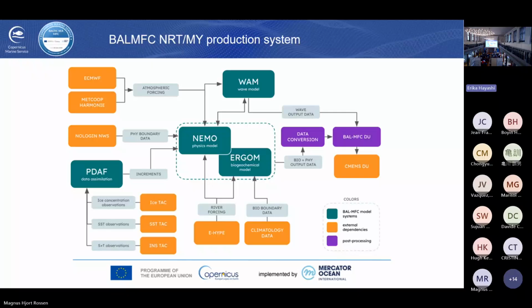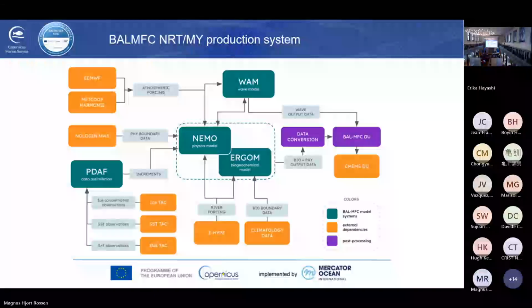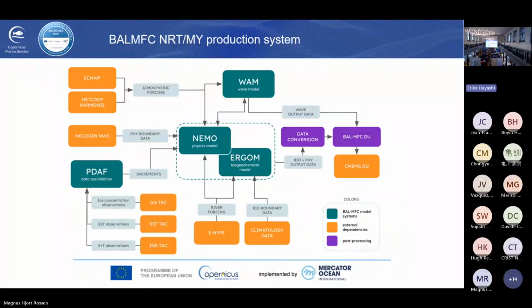So this is the schematic of both near real-time and multi-year production systems. And we really emphasize that we are trying to harmonize both systems. So for the user, the only difference between near real-time and multi-year reanalysis would be the atmospheric forcing. For the near real-time system, it comes from the operational atmospheric model.